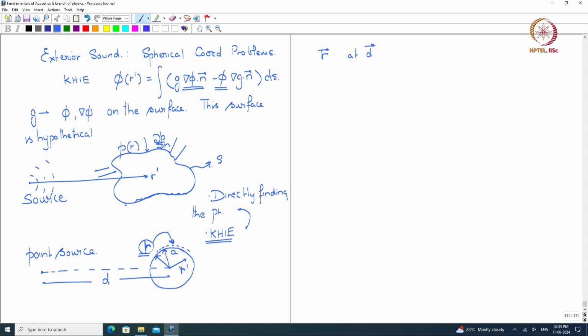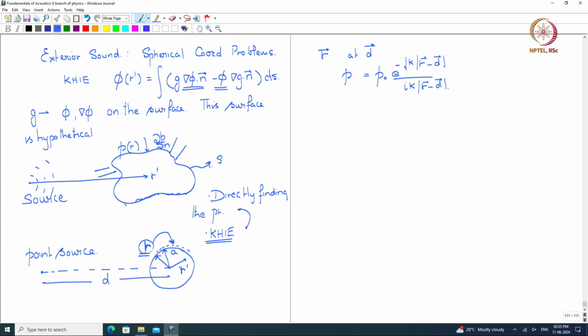That would be P equal to some amplitude P0 e to the power of minus j k magnitude R minus D bar by 4 pi magnitude R minus D bar.